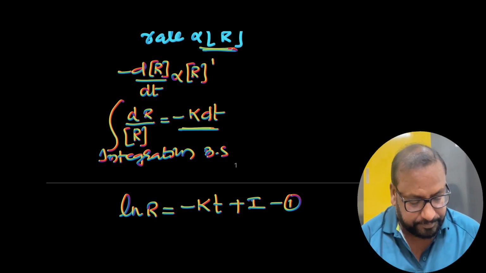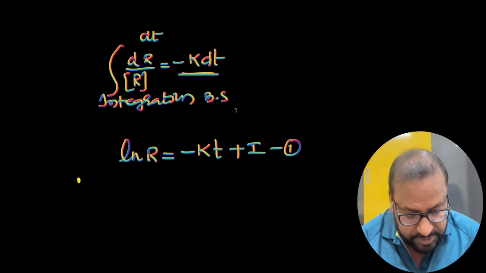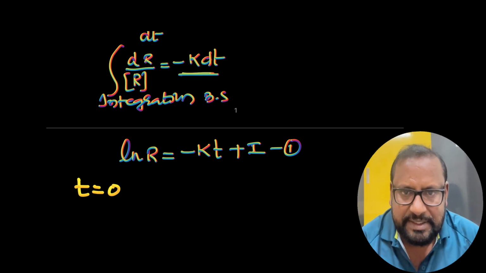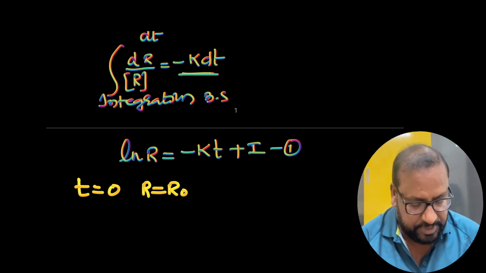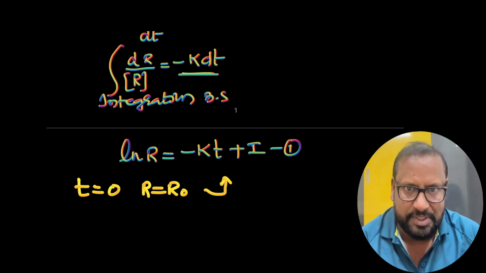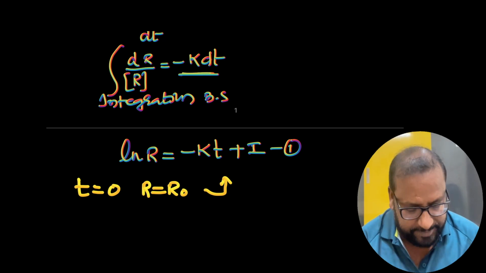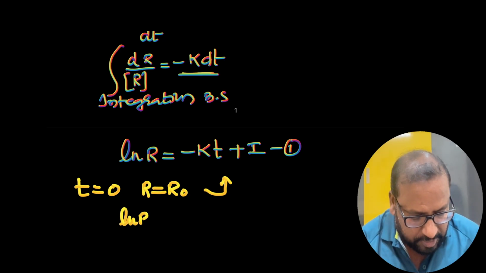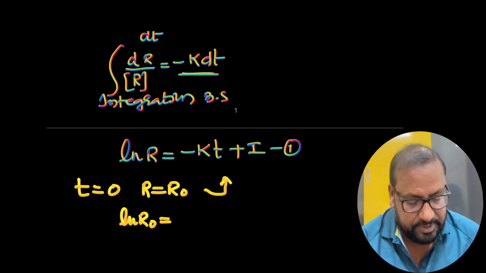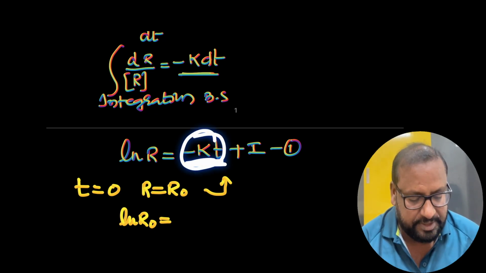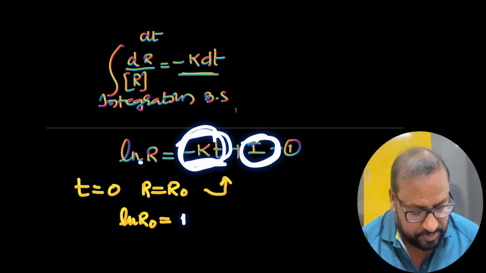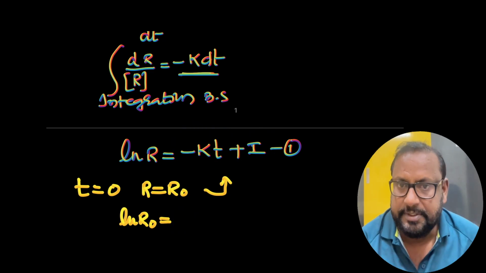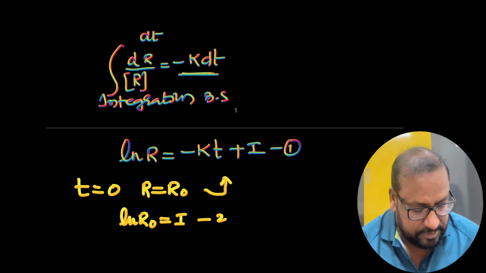Now, when time was 0, the reaction had not yet started, so the concentration of reactant is R0. Plugging these values into the equation, ln R0 equals minus kt with t equal to 0, so minus kt becomes 0. Therefore I equals ln R0. This is equation 2.